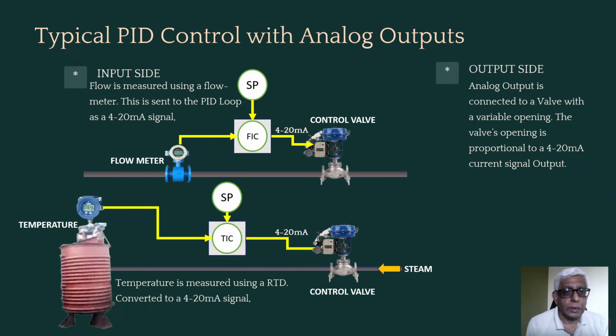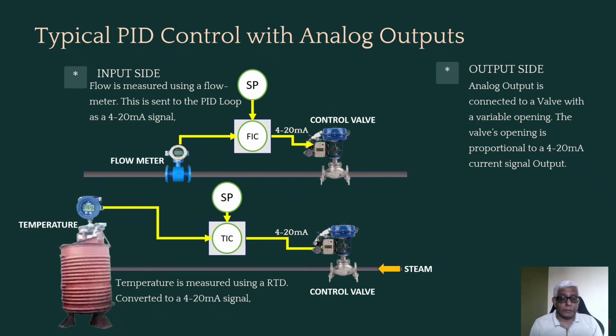You see, in typical PID control with analog outputs, there's a measuring instrument which measures the flow or temperature or pressure, and this is taken as an input to a PID loop which compares it with the set point of the measured variable, and then it regulates the measured variable using some kind of manipulated actuator like a control valve or a variable frequency drive. Now there are two examples given.